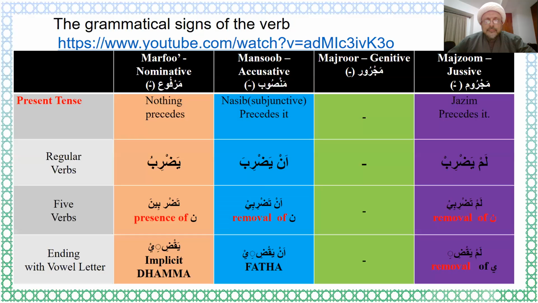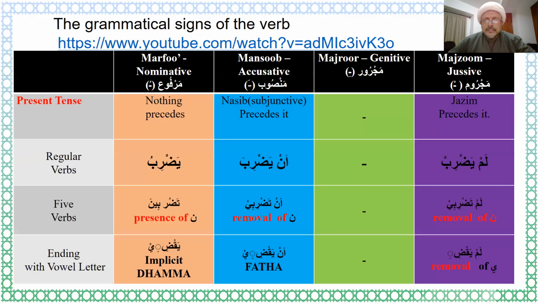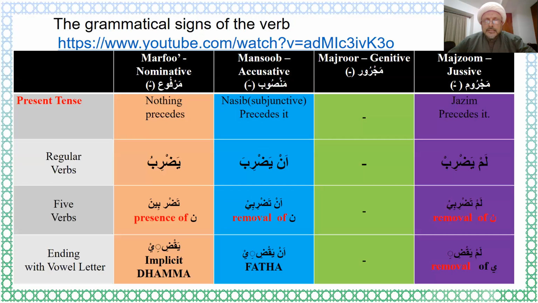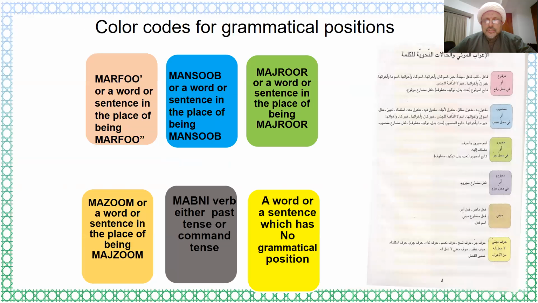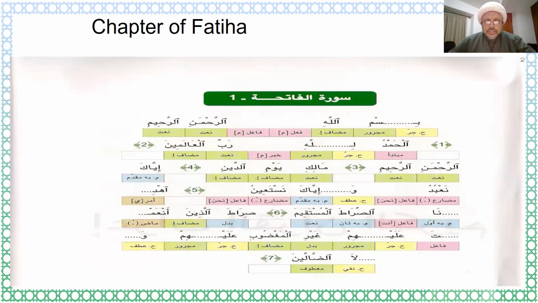If you have understood these 2 slides, this is like 80% of Arabic grammatical classification. That means grammatical classification rarely goes out of these main grammatical titles. We have mentioned this, and obviously the color-coded Quran is in Arabic, so we are trying to do it in English.